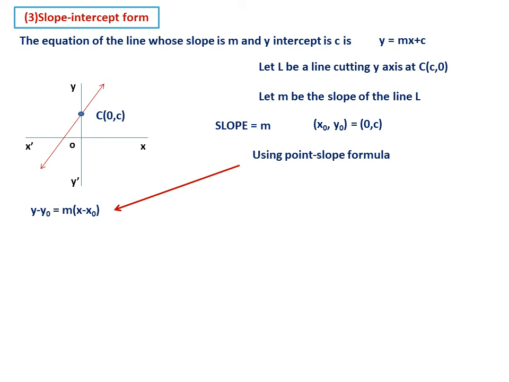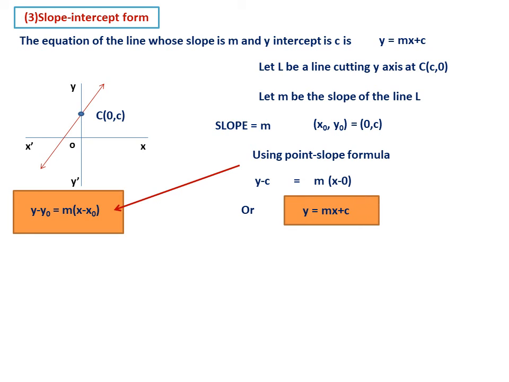What is the formula? y minus y0 equals m into (x minus x0). Apply: y minus c, because y0 is c, equals m into (x minus 0). Simplify: y equals mx plus c. So this is the equation of the line. What is the condition here? Slope is given and instead of a point, the intercept is given. That's all.